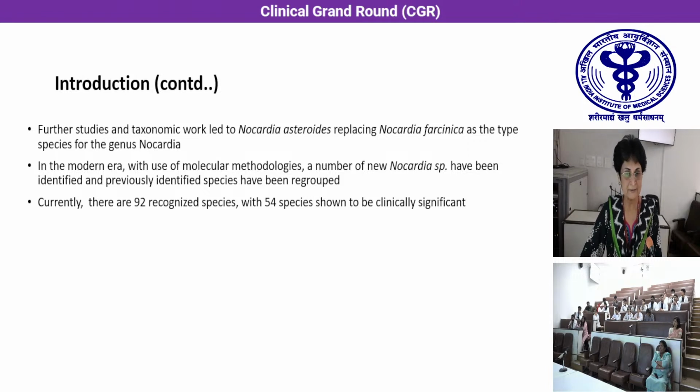There was a lot of uncertainty around it. And the fact that Nocardia asteroides and farcinica are so similar that he and his team actually made an appeal in the Judicial Commission to rename the type species to Nocardia asteroides.